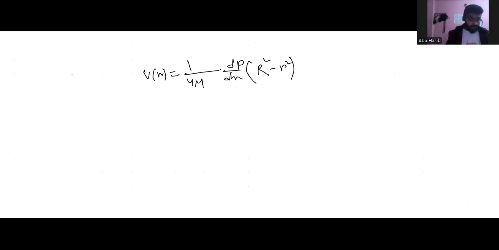So from the maximum velocity condition, we can write that dv/dr is equal to 0. So differentiating both sides, we will get dv/dr is equal to 1 by 4 mu d/dx of p into minus 2r. Okay, so minus 2r.